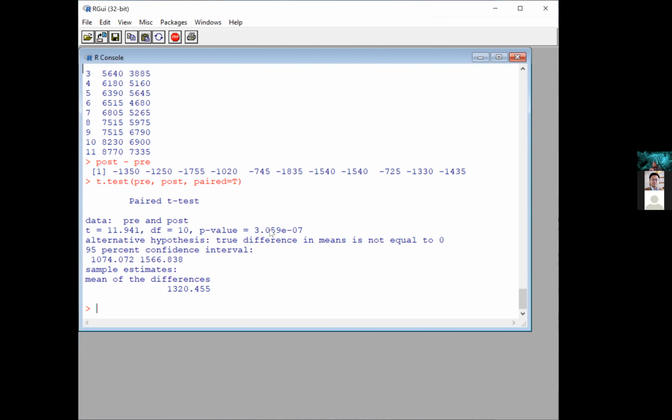Now, given this p-value here, what can you infer from the null or the alternative hypothesis? That there's a true difference in the mean, there's a difference between the mean.